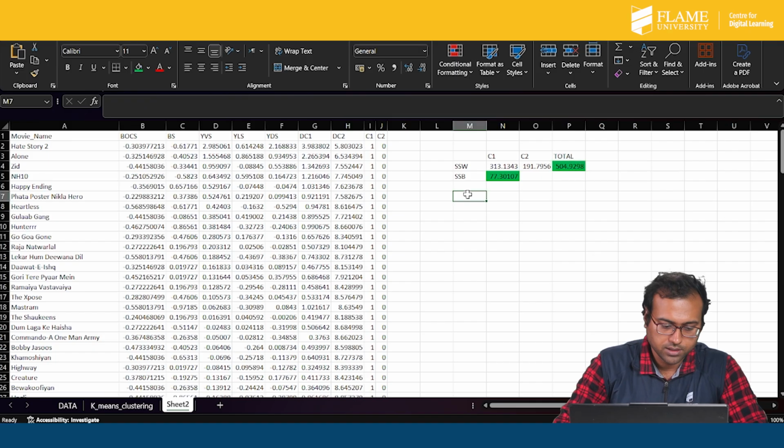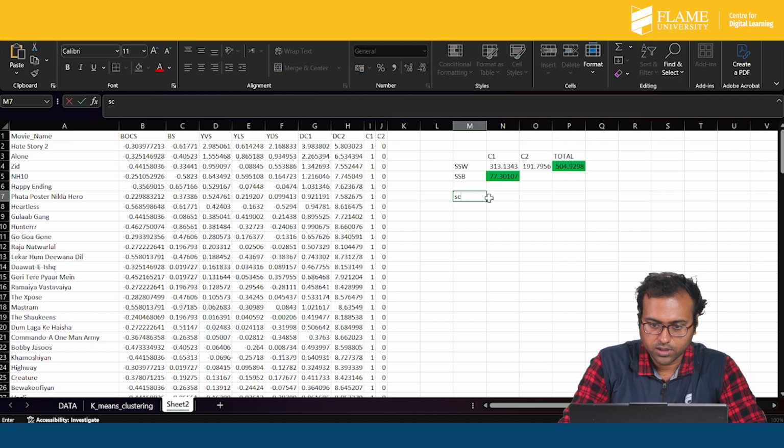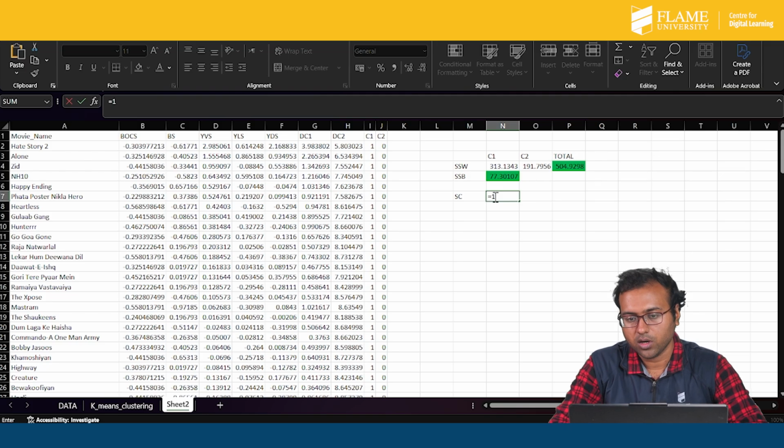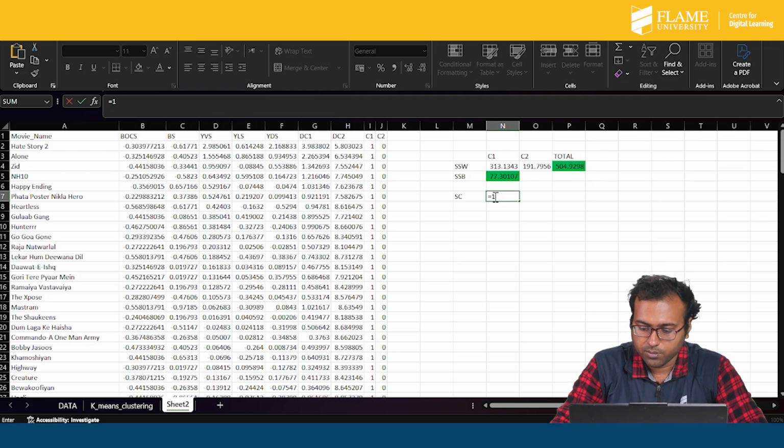So let's say here I'm calculating some silhouette score, equal to, so first of all, it is nothing but the ratio of your 1 minus your within distance and between distance, or within sum of square and between sum of square.